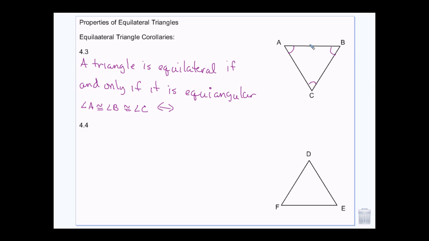And then the sides AB, AC, and BC will all be congruent. Okay, and they make each other happen. If you have all the same angles, that makes all the same sides. If you have all the same sides, that makes all the same angles. You're both.